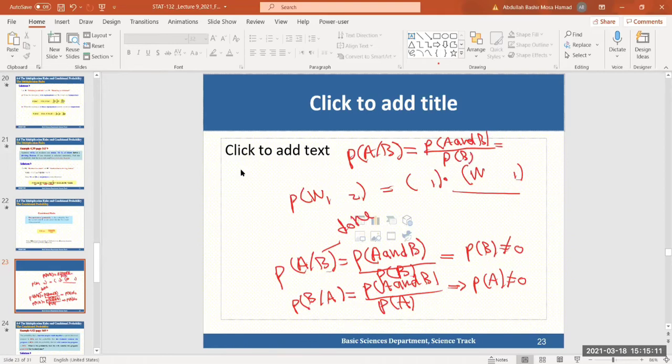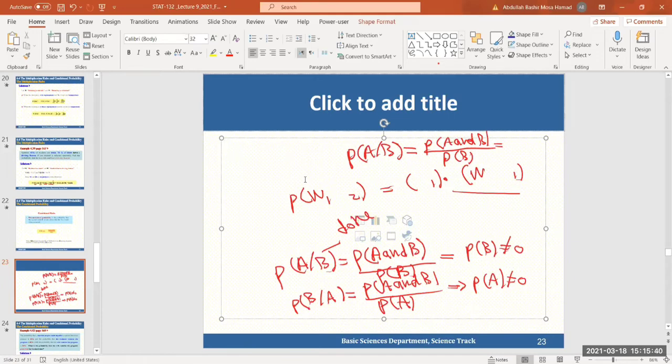If A and B are independent, then P of A and B equals what? Remember the multiplication rule. If A and B are independent, then P of A and B equals P of A multiplied by P of B.